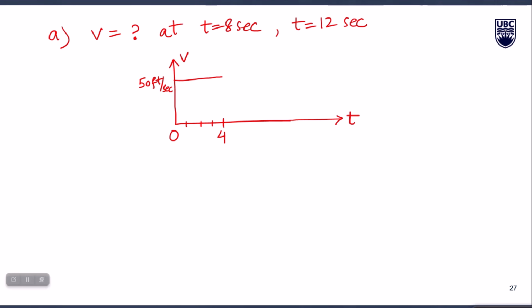So from 4 onwards we were given the information saying acceleration is minus 12, minus 10, I think, yes, minus 10 feet per second square, right? So we need to integrate that acceleration to know velocity versus time relationship from 4 onwards, right?